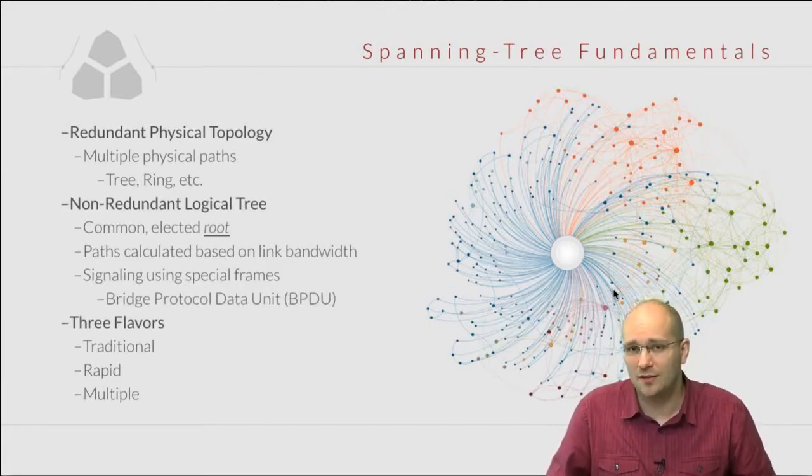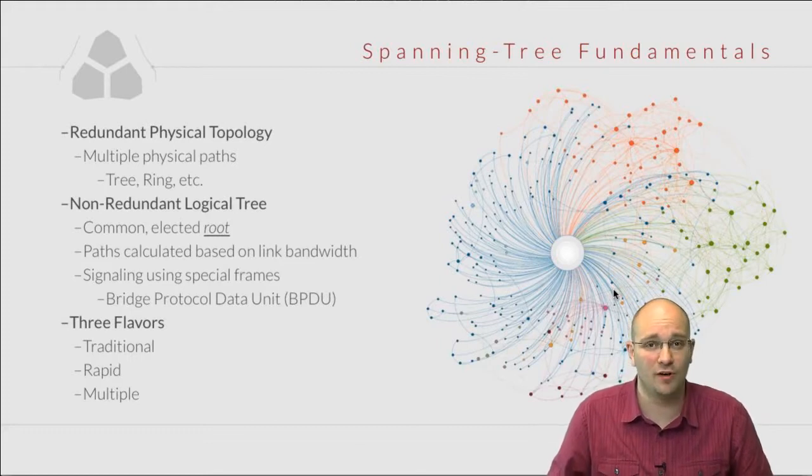The interesting thing to note here is that even though we speak of traditional spanning tree and rapid spanning tree as something that is supported by Cisco switches, these two are actually not supported by Cisco switches. Cisco supports their own special flavors of traditional spanning tree and rapid spanning tree. I'm going to talk about it in a moment.